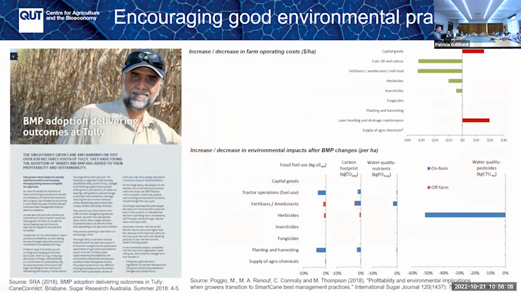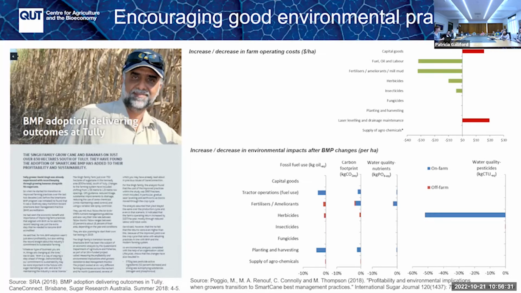How we've been using it for about 7 years now with the Department of Agriculture and Fisheries, with the agricultural economists, is some innovative cane farmers have made concerted changes to their practices, and much of it's driven by the industry's Smart Cane Best Management Practice program, and they've been very interested to validate whether or not the changes that they've made are resulting in improved environmental performance.